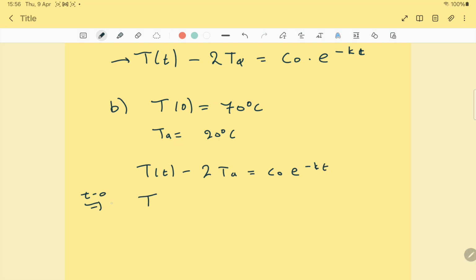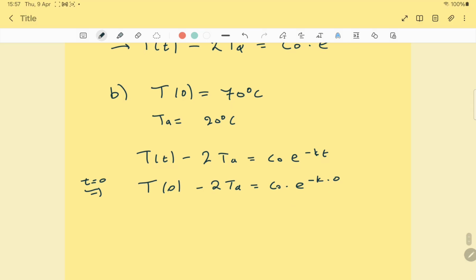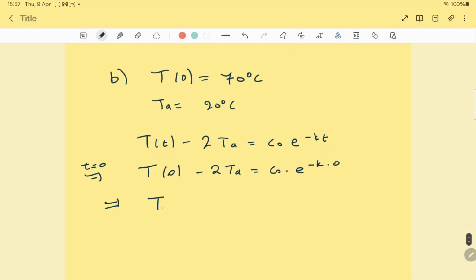We have T of 0 minus Ta equals C0 times e to the minus k times 0. We have T of 0 minus Ta equals e to the power of 0, which is just 1, times C0, which is C0.